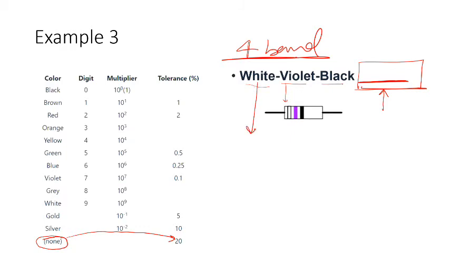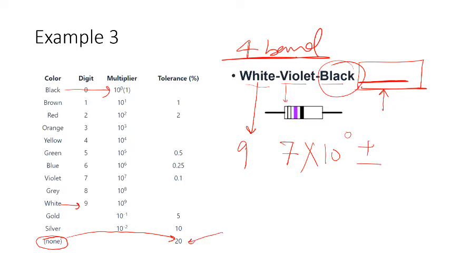So let us take the digit corresponding to white. It would be 9. A digit corresponding to violet, which would be 7, and a multiplier corresponding to black, which would be 10 to the power 0, and a tolerance corresponding to no color, which would be plus minus 20%.